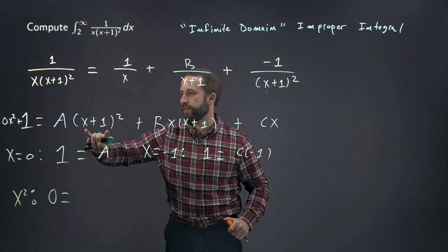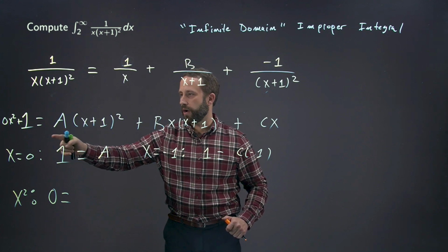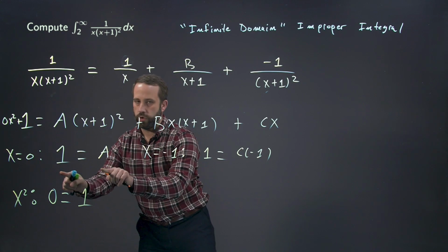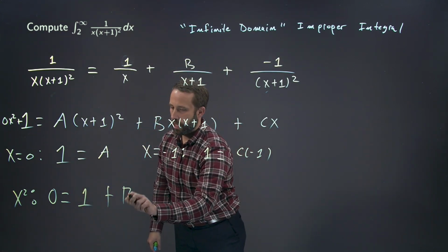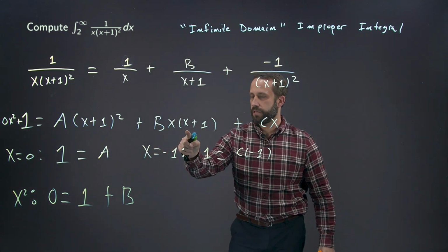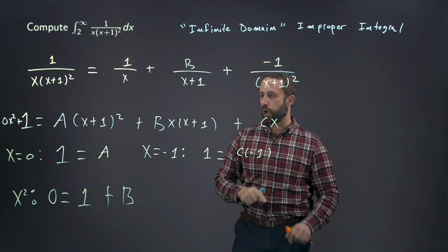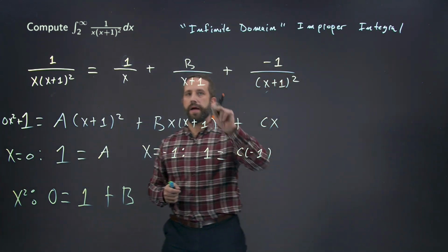When I sort of factor this out, I'm going to get x squared plus 2x plus 1. So A x squared, A is going to be the coefficient of x squared from this term, and A is equal to 1. Over here, the coefficient on x squared is going to be B, because x times x gives me x squared. And then over here, there is no coefficient on x squared. It's just x. So this tells me that B is equal to minus 1.